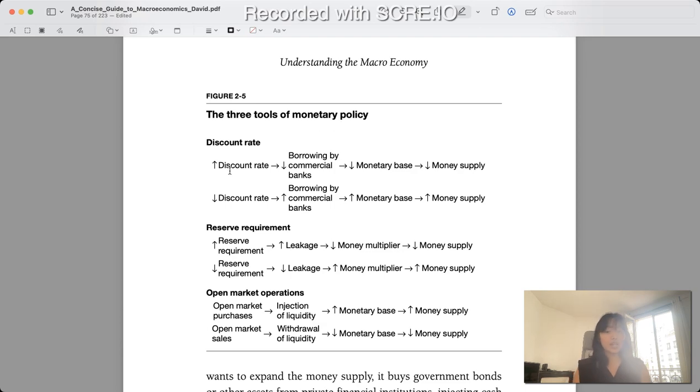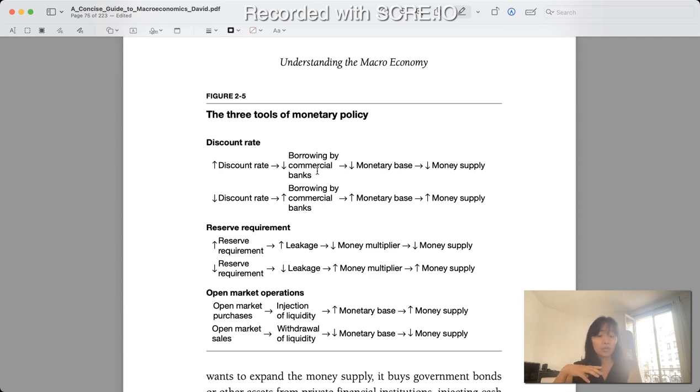When the discount rate is higher, or the interest rate is higher, borrowing by commercial banks lowers, which lowers the monetary base and lowers the money supply. But if the discount rate is lower, then commercial banks can borrow more money, so there will be more monetary base and more money supply.